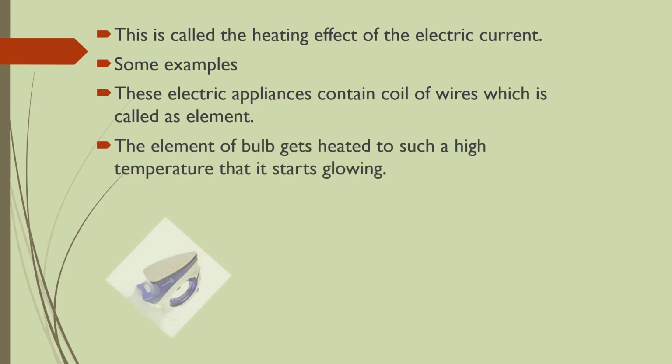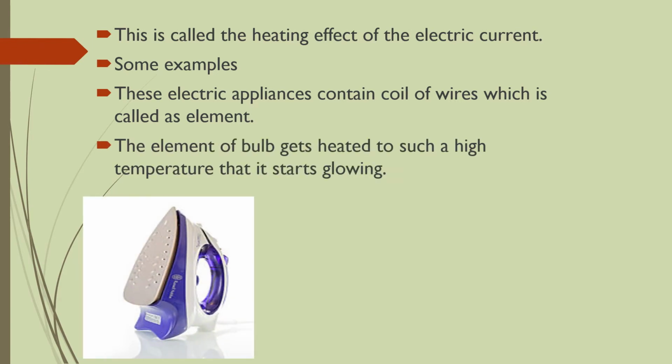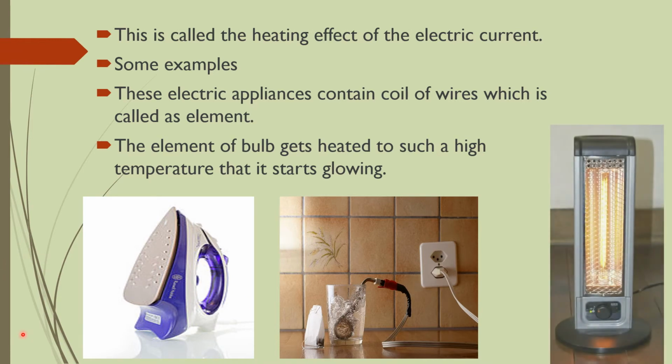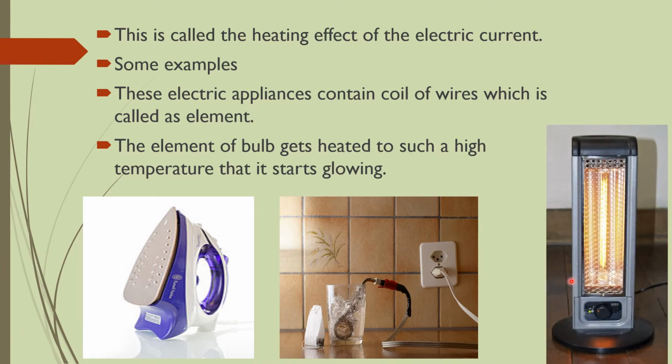Some examples: these electrical appliances contain a coil of wire which is called an element. The parts of these appliances which radiate heat get so hot that sometimes they start glowing. These elements are present in these things which get hot. The element of a bulb gets heated to such a high temperature that it starts glowing.